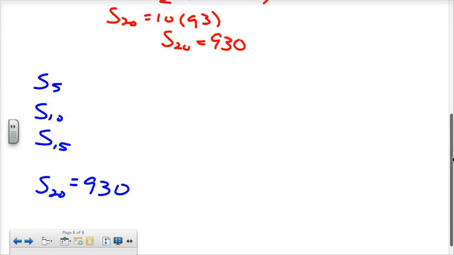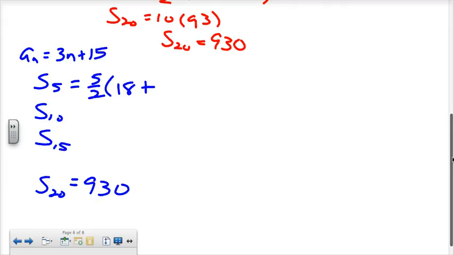Because then I can use subtraction to figure out how many seats there are of each price that they gave me. So I'm just going to start with S sub 5 up here, and that would be 5 divided by 2, where the first row is going to be 18. And then I will need to use my rule again, and let me rewrite that rule down. The rule was 3n plus 15 to find how many seats are in that 5th row.